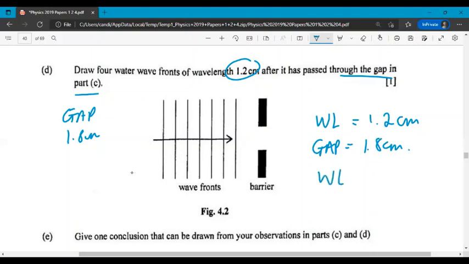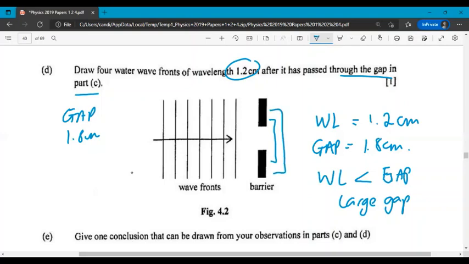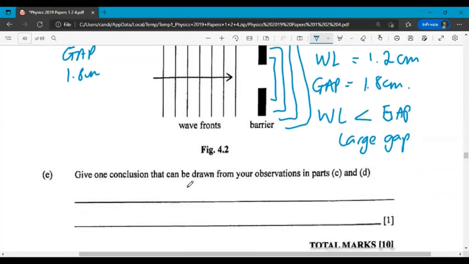So in this case, the wavelength is less than the gap. So we have a large gap. Large gap means we have pretty straight waves. Okay, so no curve. All right, and that's what we should have.